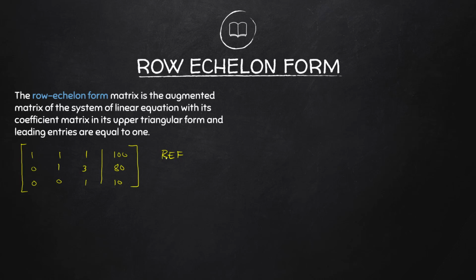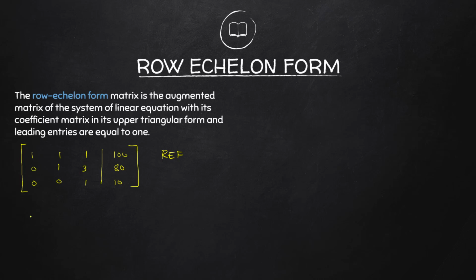So what we will do here is to further do the process of elimination. We will try to back substitute to solve for the values of A, B, and C, or the variables.